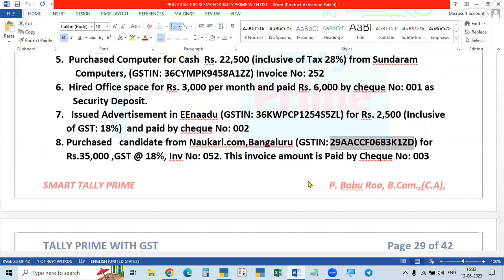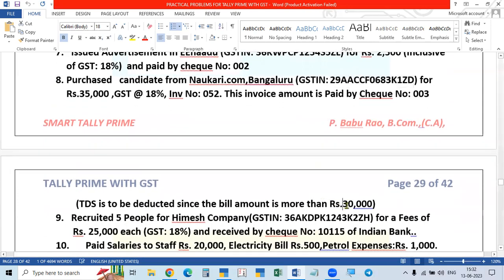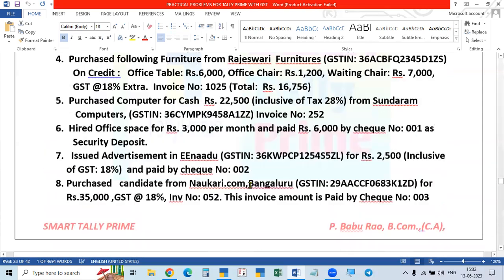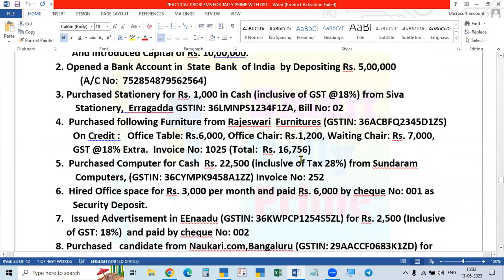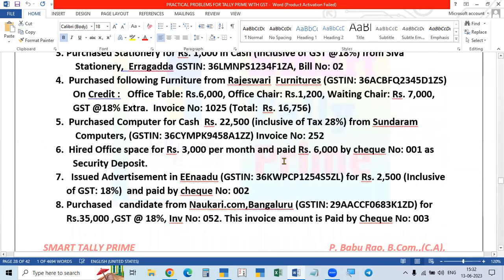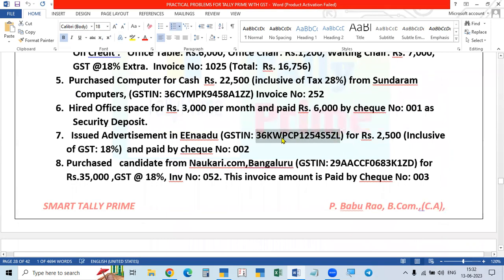So in the case of payment to a contractor, the limit is 30,000 and the percentage is 1% for an individual, and 2% for others than individuals. How do we find out whether it is a company or a person? In the GST number, first leave the first 2 numbers, which are the state code.